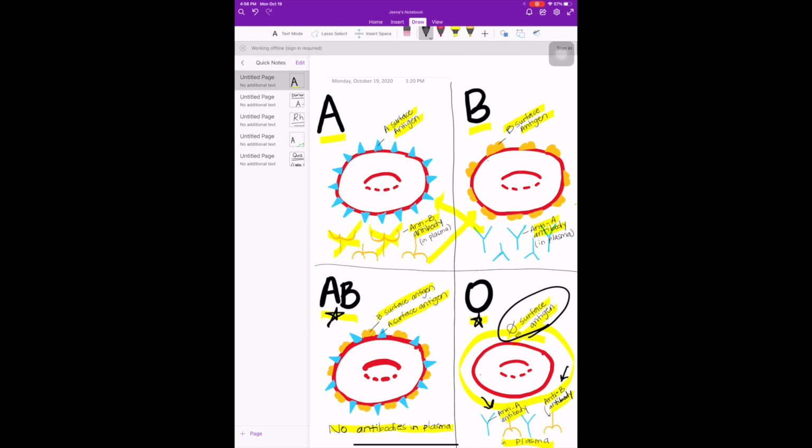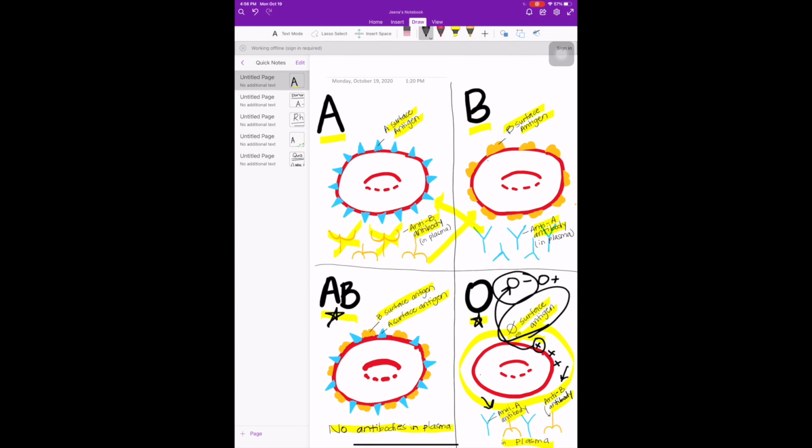You have to give either O positive or negative, because now if you incorporate the Rh factor, you can only receive O negative blood or O positive blood, okay? Because you cannot give Rh positive blood to somebody that is O negative. Make sense? So that limits you in terms of what blood you can receive.